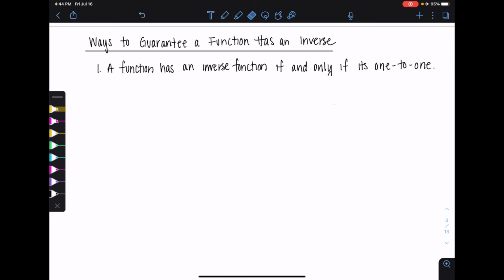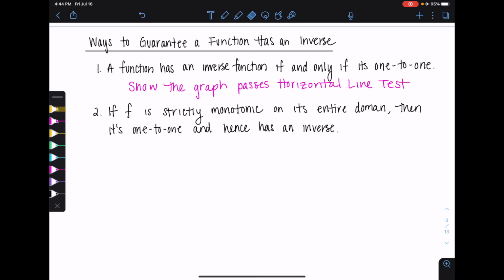The first is a function has an inverse if and only if it's one-to-one. Here you show the graph passes that horizontal line test because every horizontal line intersects at one y value. The other way is you show f is strictly monotonic on its entire domain. Then it'll be one-to-one and you're guaranteed it'll have an inverse.